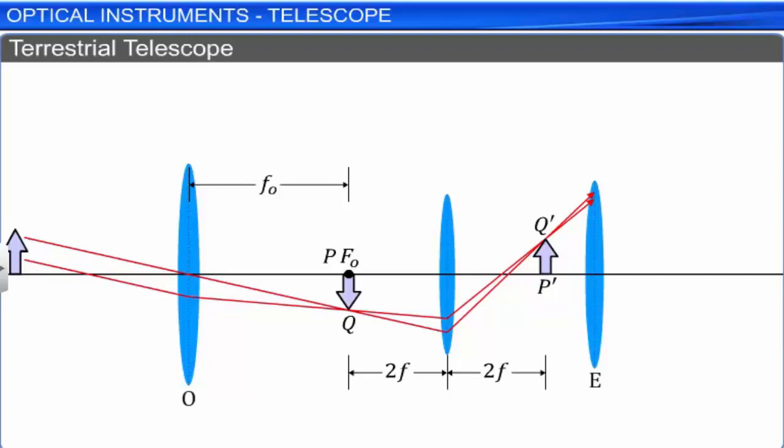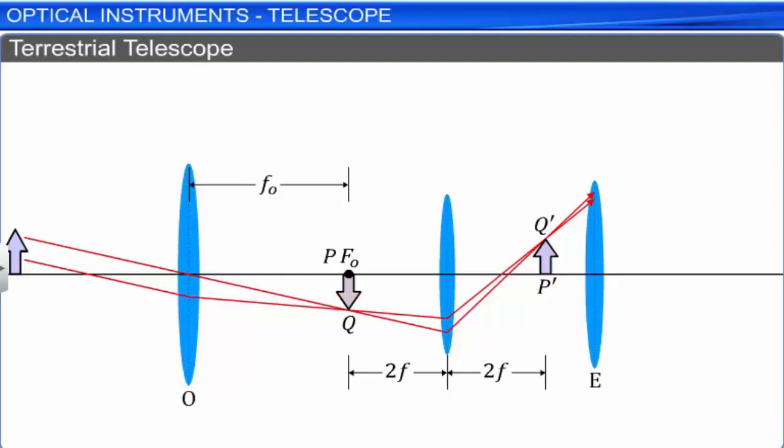It is of importance to note that the image P' is erect with respect to the original object. The size of P' is same as that of PQ. The lens has merely made an inverted image erect. The image P' acts as an object to the eyepiece.